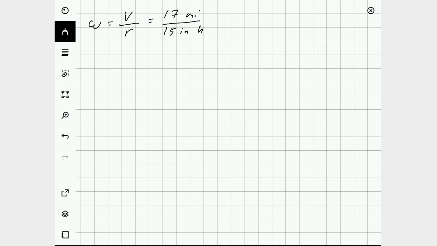All right. So I want to take 17 miles, and I know that 1 mile is 5,280 feet. And I know that 1 foot is 12 inches. So miles will cancel out and feet will cancel out.